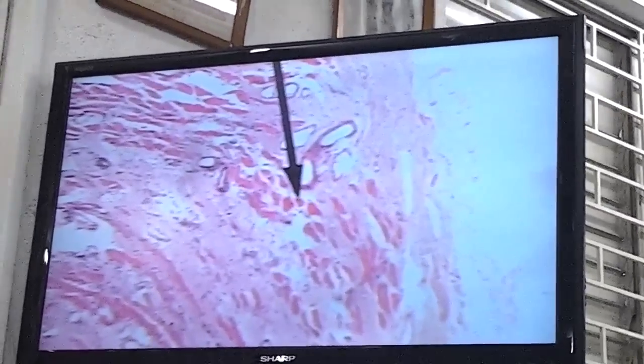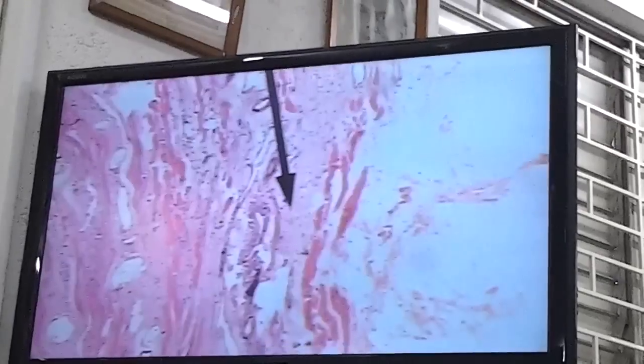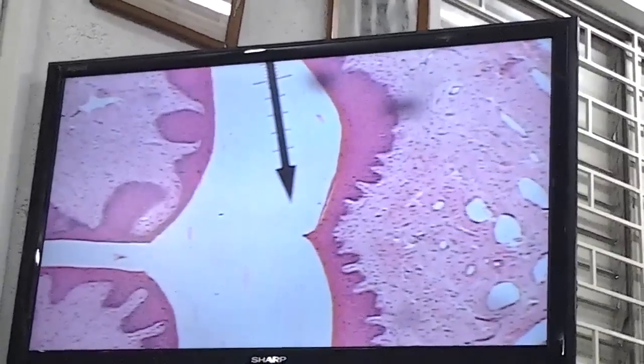What are the muscles you find in the deep perineal pouch? Deep transverse perineum. And all of those muscles are innervated by what? The perineal branch of the pudendal nerve. Now looking at this slide, we know this is a very distal part of the urethra because it's stratified squamous.